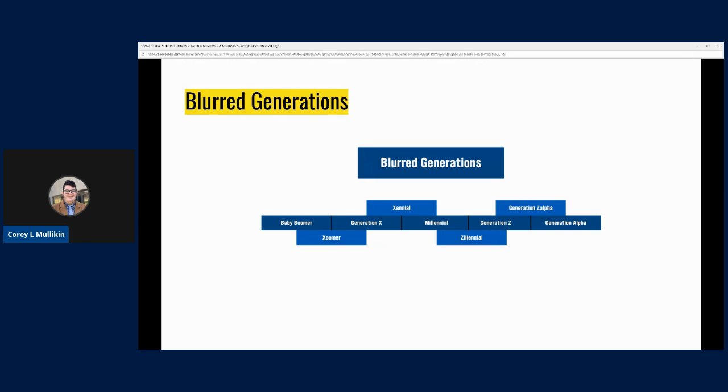I personally am born in 1999. So I fall in a very weird category. An example of why this might be is because I grew up with parents that were both Gen X and a baby boomer. My brother is technically millennial. So I grew up with a mixture of all of these four generations.